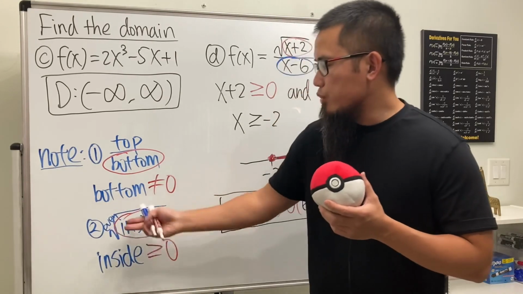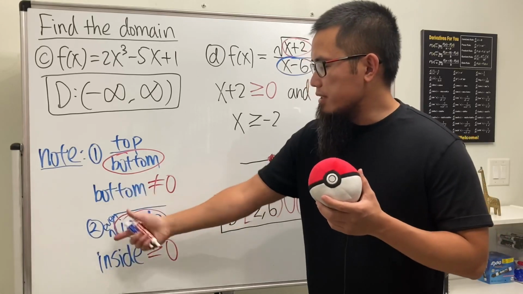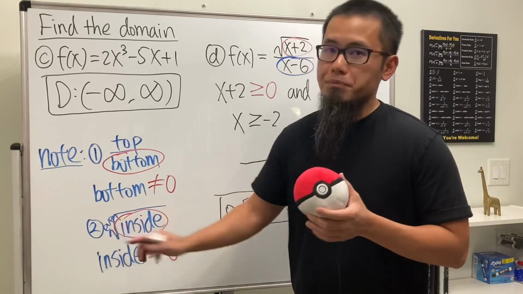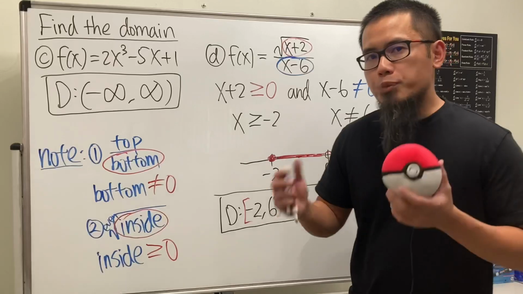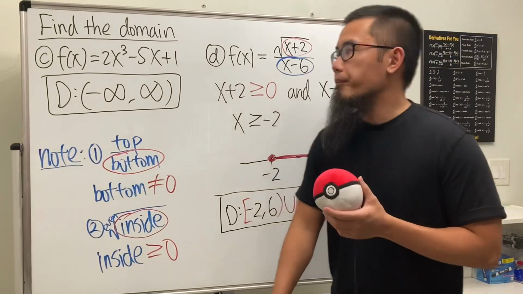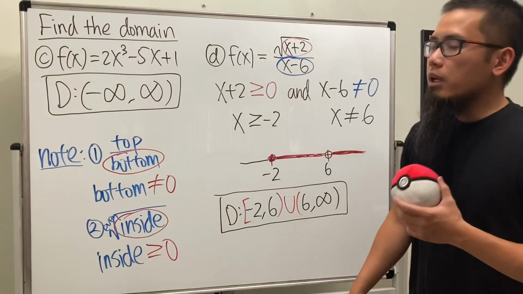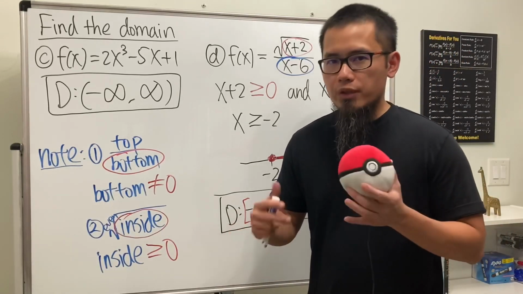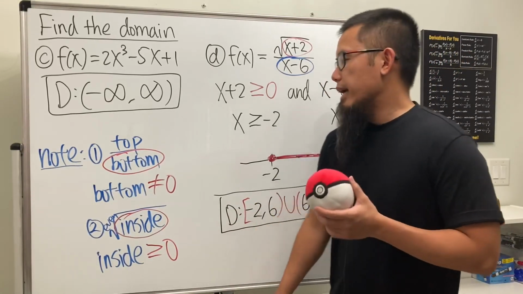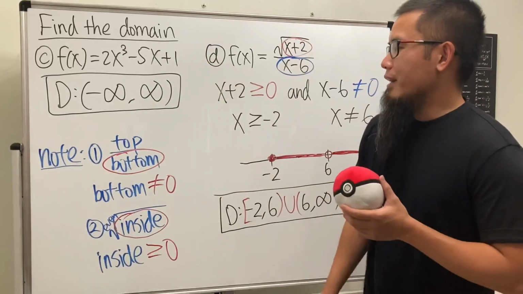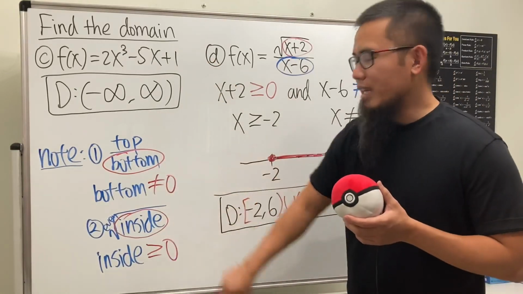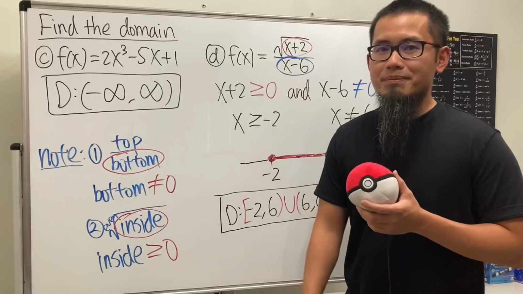Like the second root, which is a square root, or the fourth root, or the sixth root, and so on. If you have the cube root, you have no worry. When you have a cube root of a negative number, that's actually okay. So that would be the quick summary. And of course, there's another situation for the logarithm, but we're not there yet. And if you see a function that has no this and has no that, then it's just all real numbers. That's it.